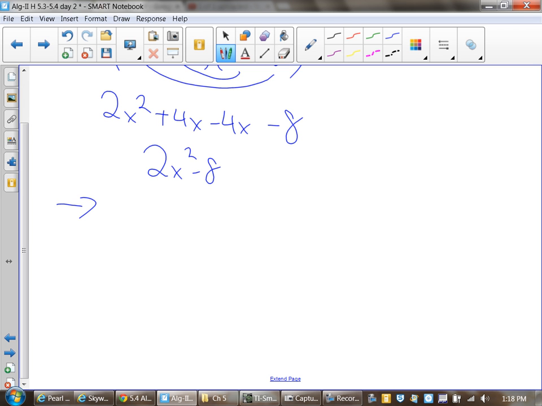Okay. So what happens when you're dealing with imaginary numbers like this, if we have 4 minus 5i times 3 plus 2i? I do the same thing. I FOIL them out. I start first, outside, inside, last.